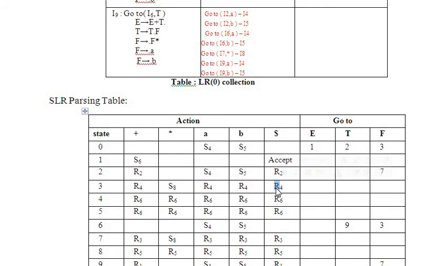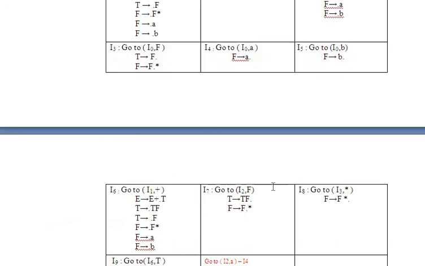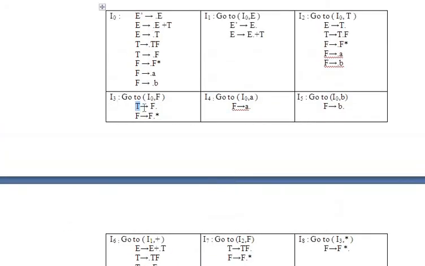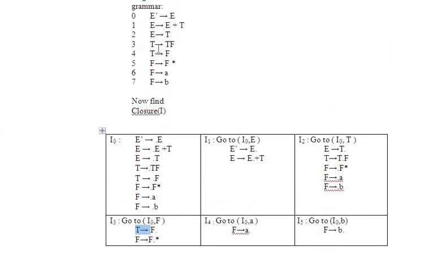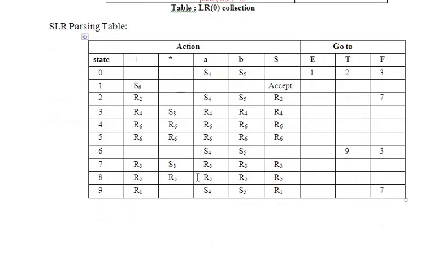So in these four columns you have to write the reduce entry. Which number do you have to give? Your production is T gives F, which is at the 4th position. So you have to write R4.